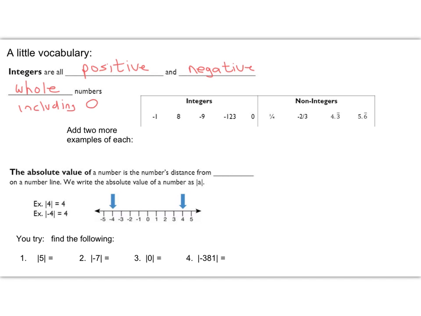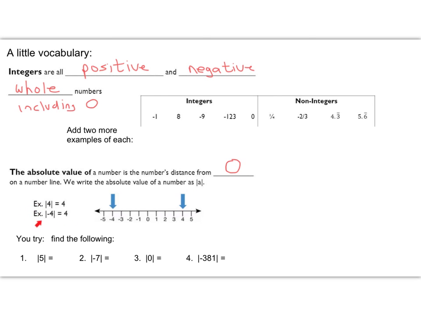All right, now let's talk about this concept of absolute value. The absolute value of a number is the number's distance from 0 on the number line. We write the absolute value with the 2 lines on either side of the number.